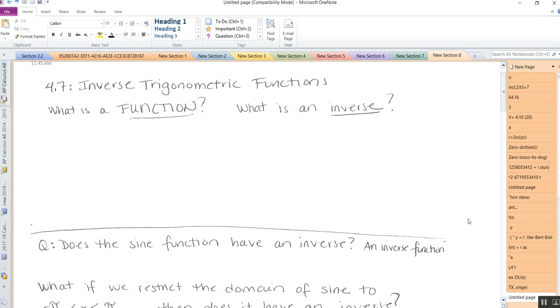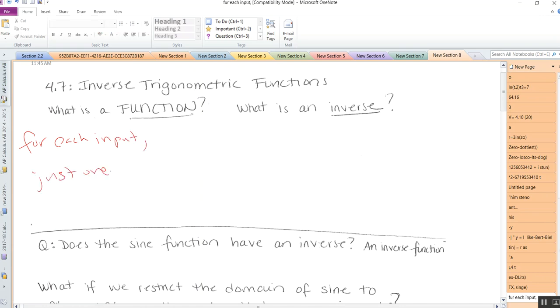So before we get into inverse trig, let's actually talk about what is a function, what is an inverse, and then relate it to trigonometry. So remember, what is a function? For each input, just one output. Pretty easy, right?